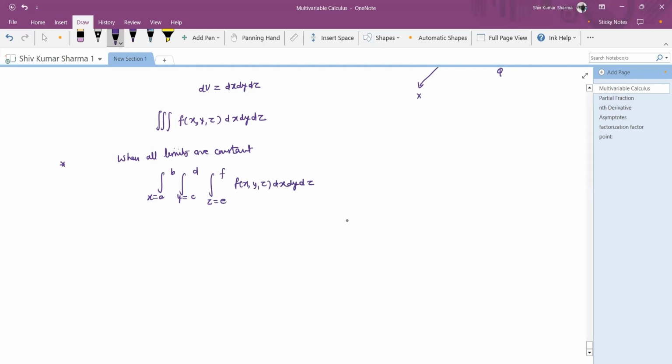Here all limits are constant, so we can integrate any one of them first. Basically we start from z, then y, then x.